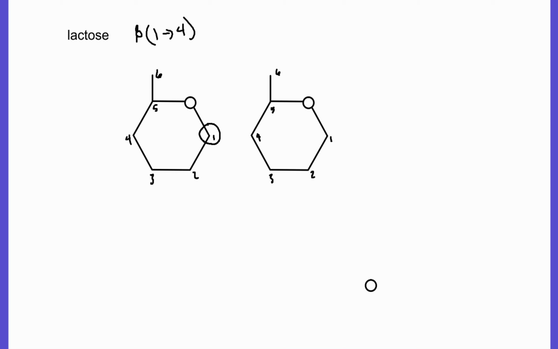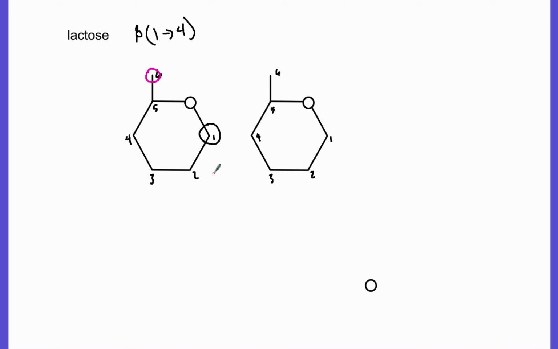Beta means that in terms of this anomeric carbon and this carbon up here, the number 6 carbon hanging off of the ring, if it's beta, remember, my oxygen off the anomeric carbon should be on the same side of the ring as the number 6 carbon.